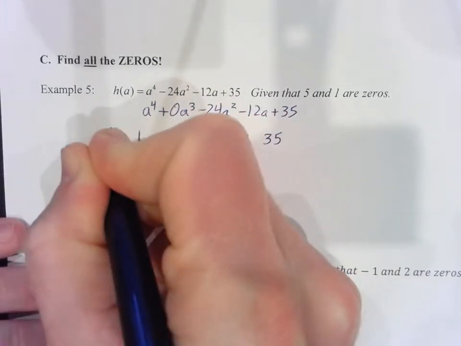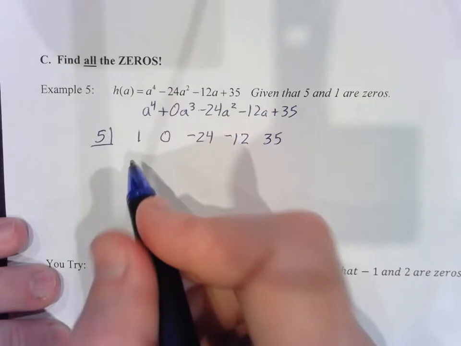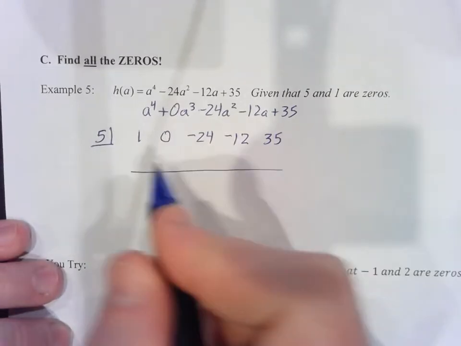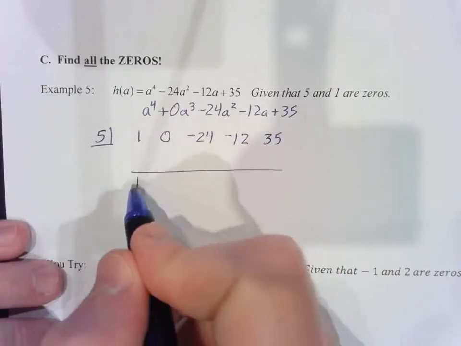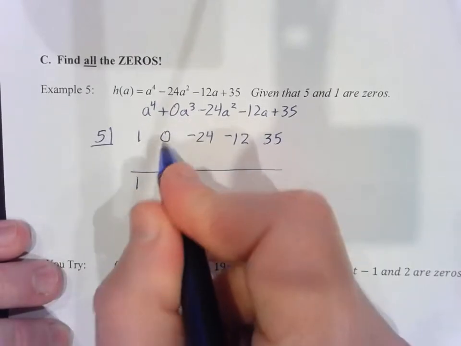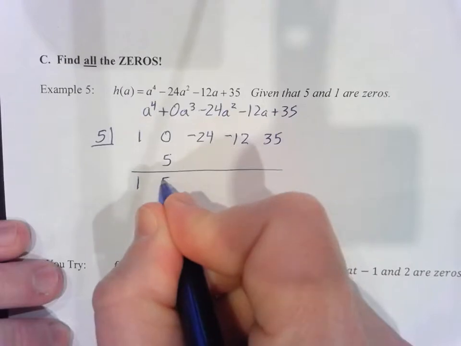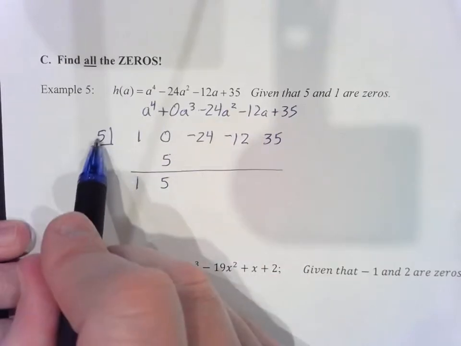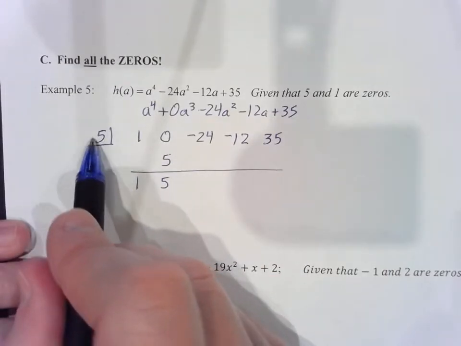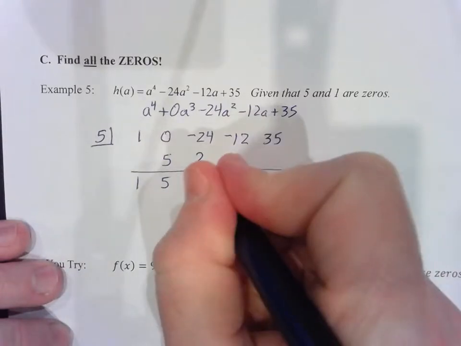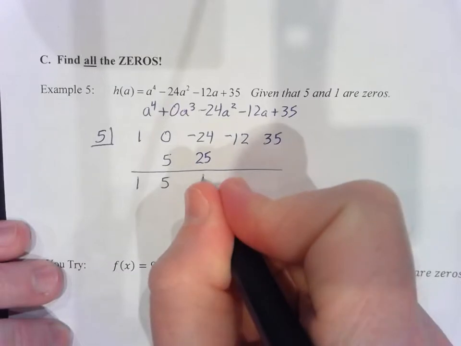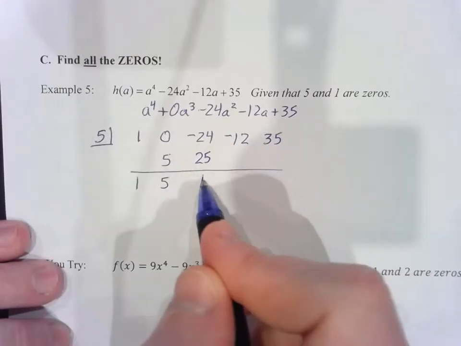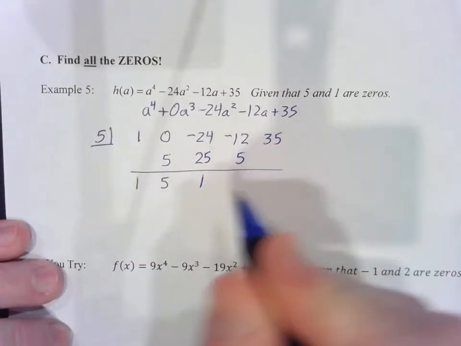So I put my 5 in the box in front. Now I bring down the first term, the 1, and then take 5 times 1 is 5. 0 plus 5 is 5. Multiplied by the box number, 5 times 5 is 25. Negative 24 plus 25 is 1. 5 times 1 is 5.